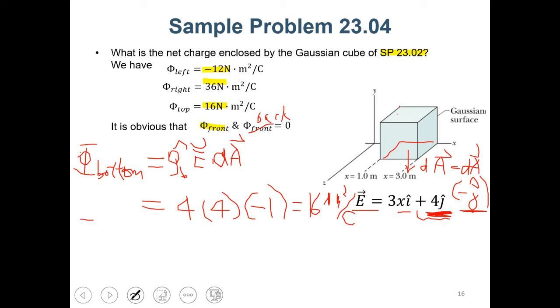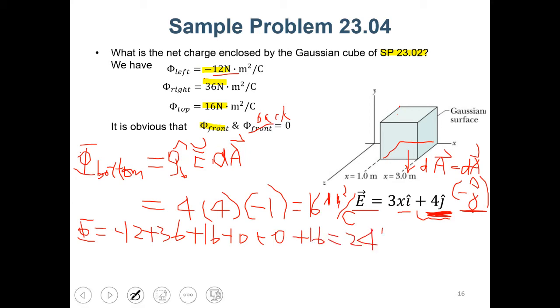And so we get the total flux for this Gaussian surface would be -12 plus 36 plus 16 plus 0 plus 0 plus 16. So the answer is 24 N m squared over Coulomb.